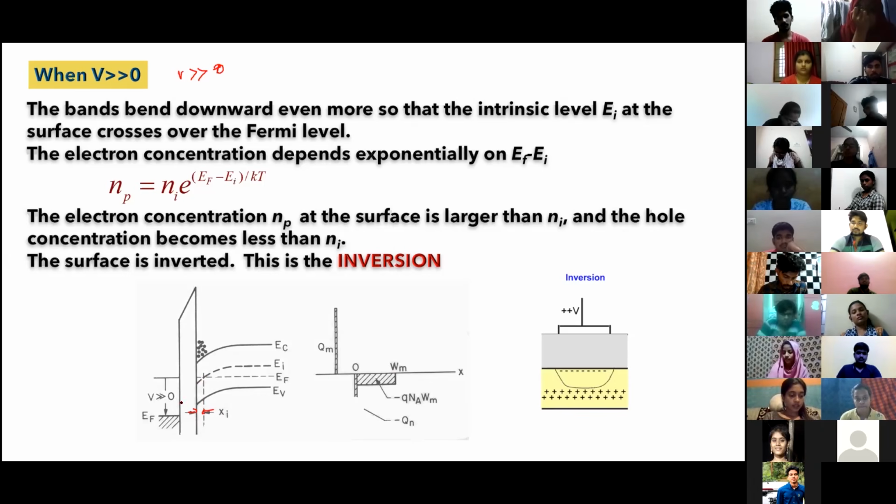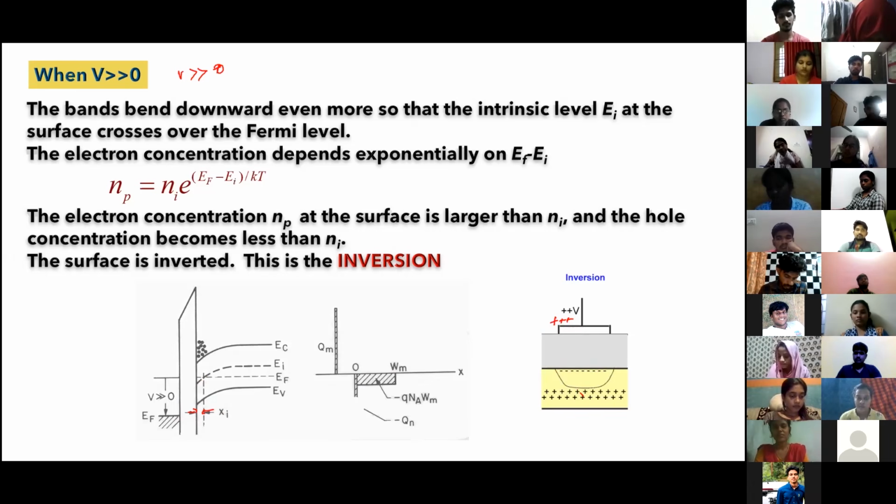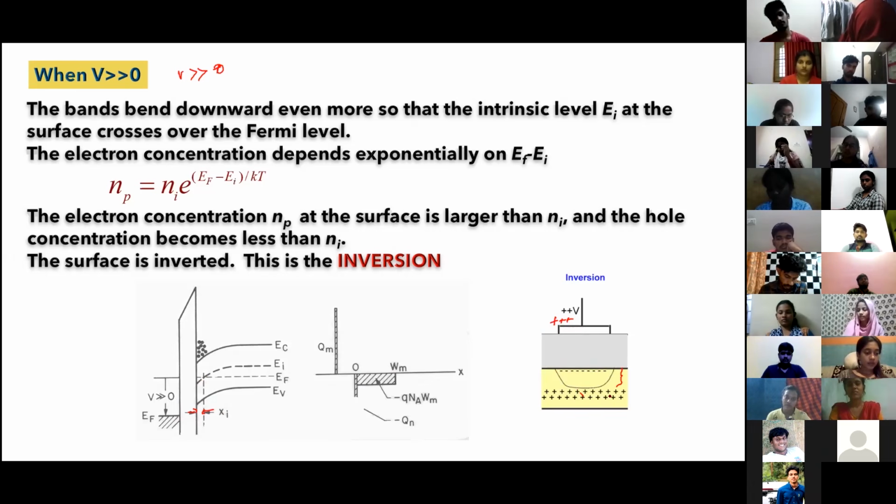Because of the heavy voltage, in a very simple meaning, you're putting more and more positive charge on the depletion layer. So naturally, this thickness will be increasing, and this is exactly what is happening here.